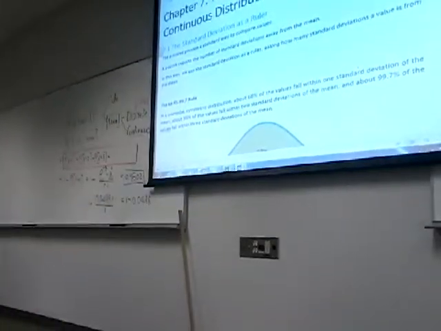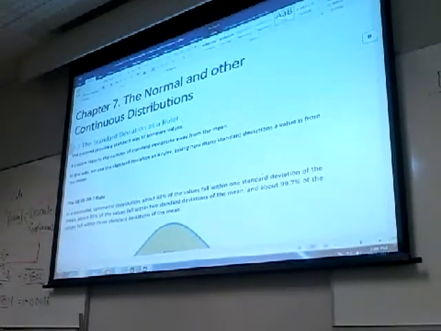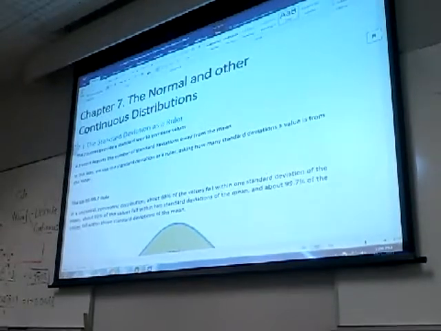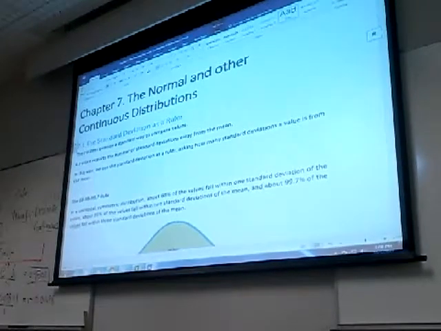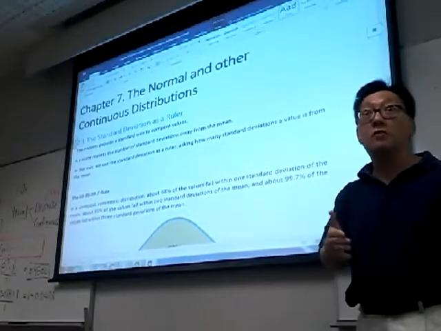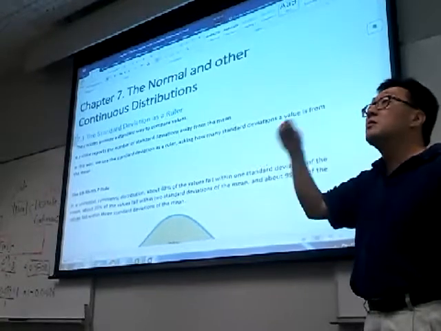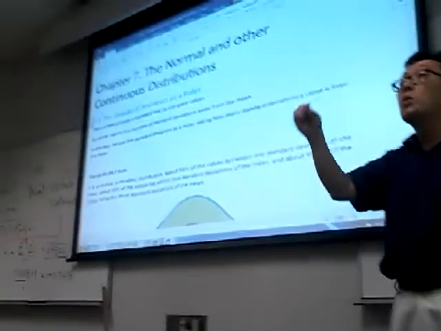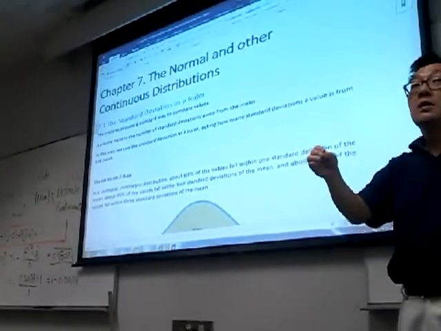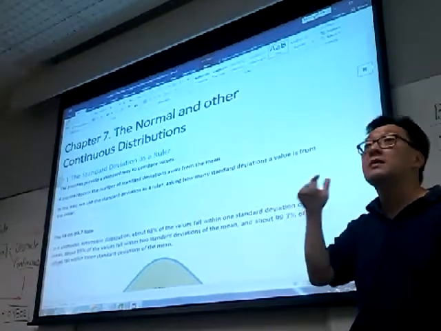So, in chapter 6, we discussed the discrete random variables. In chapter 7, we are going to discuss the continuous random variable. The normal distribution is the most popular, the most common one in statistics.